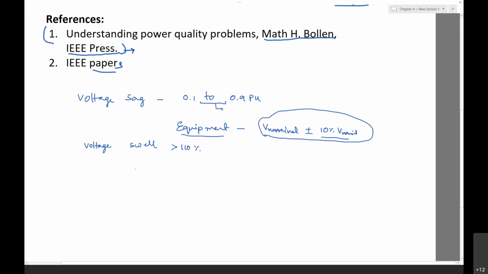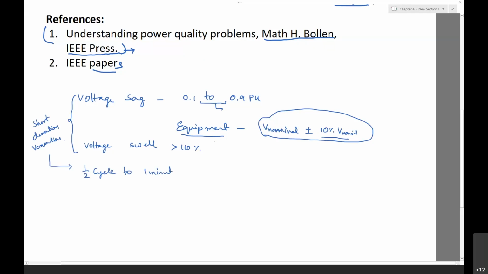But as we have seen, voltage sag and swell are short duration voltage variations with respect to time, from half a cycle to 1 minute.